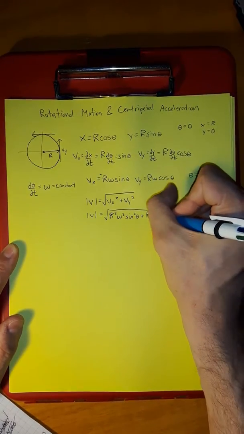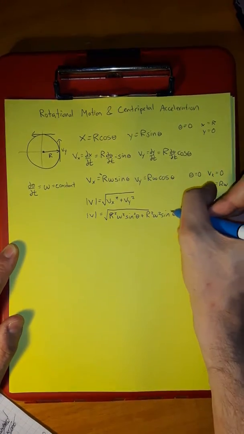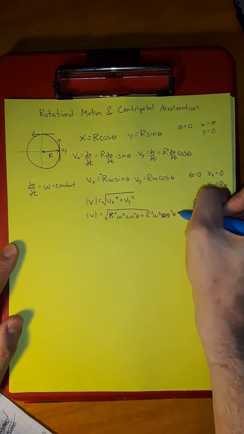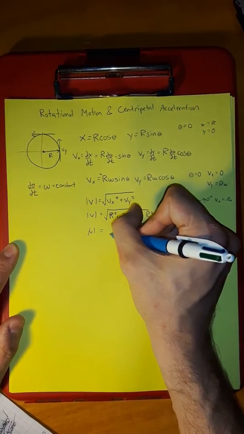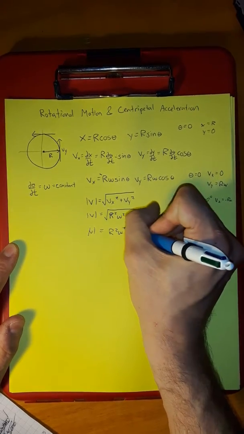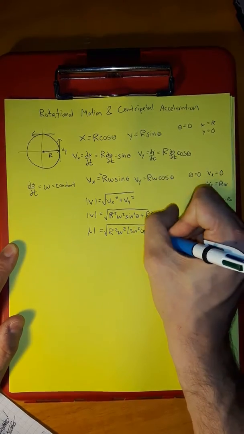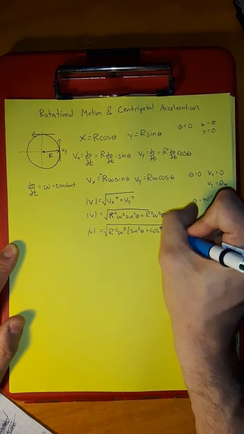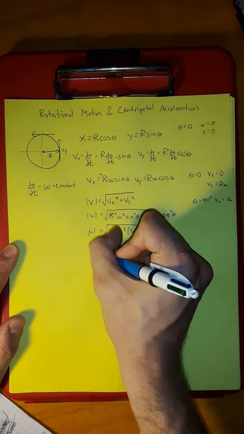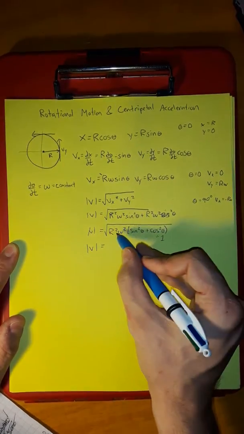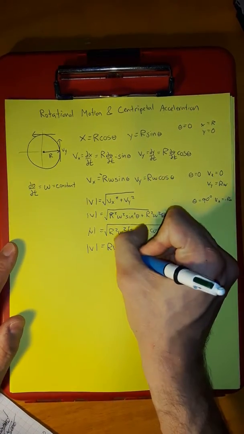And the same thing for y. Oh, that's a cos. And we can factor out the r omega, and we're just left with sine squared theta plus cos squared theta, which we know is equal to 1. So our final magnitude for the velocity is just the square root of r squared omega squared, or r omega.